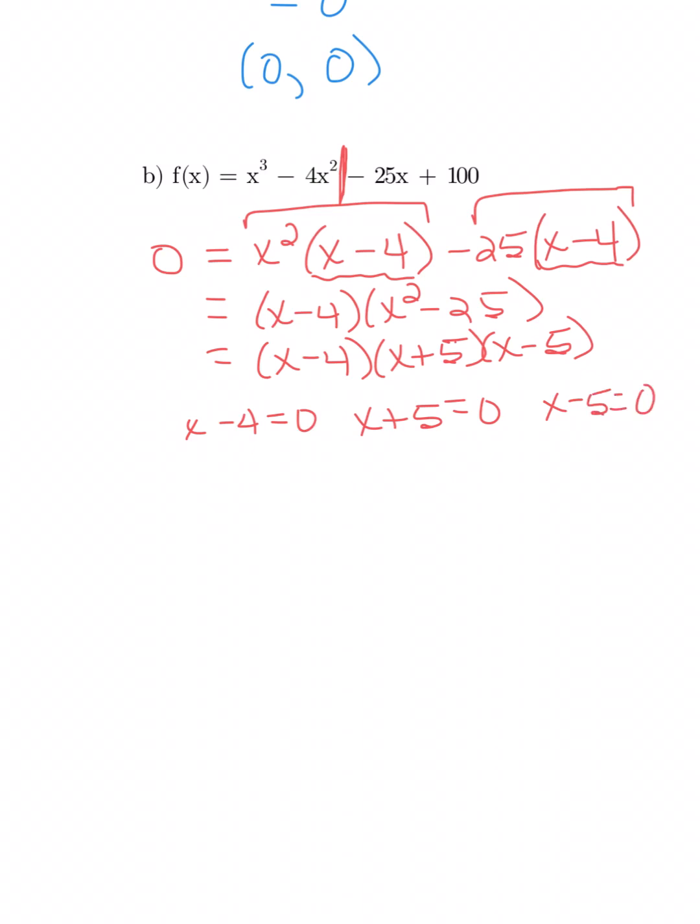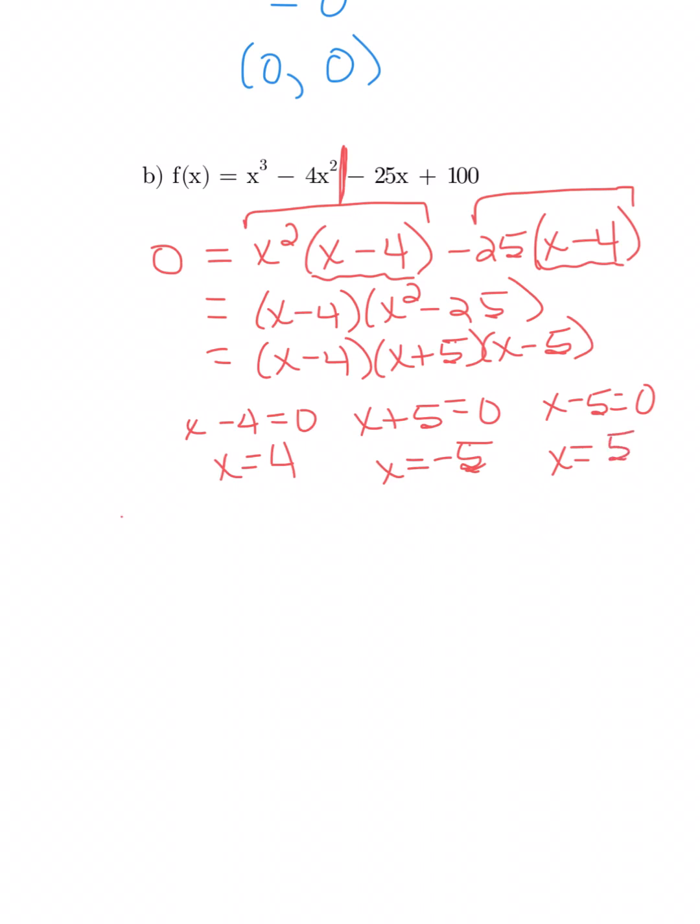From the first factor, we get x equals 4. From the second, we get x equals negative 5. And from the third, we get x equals positive 5.